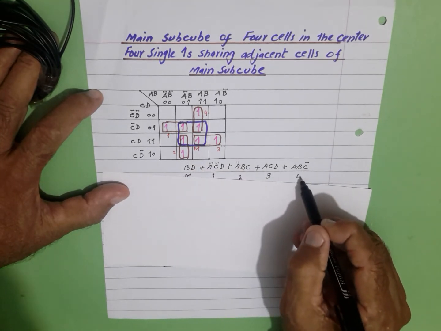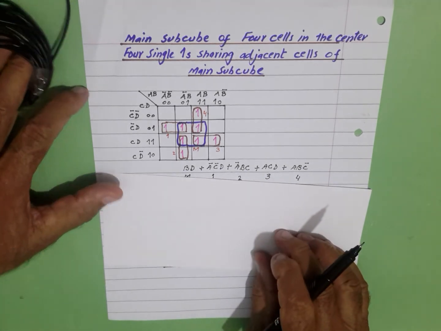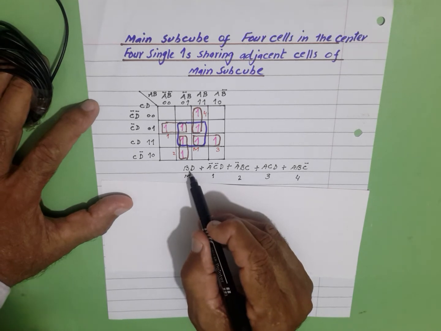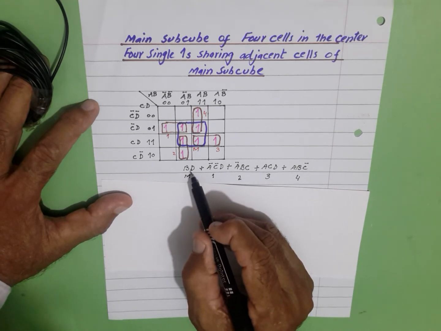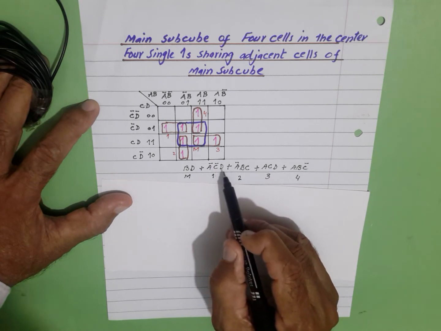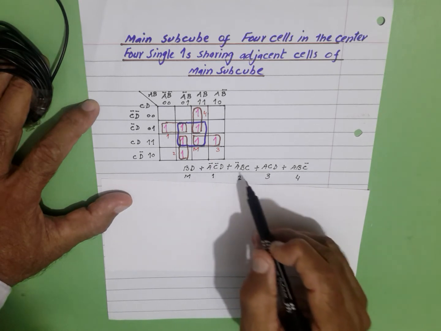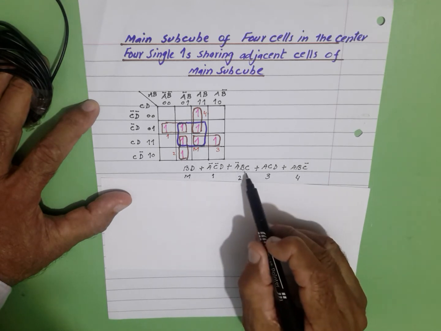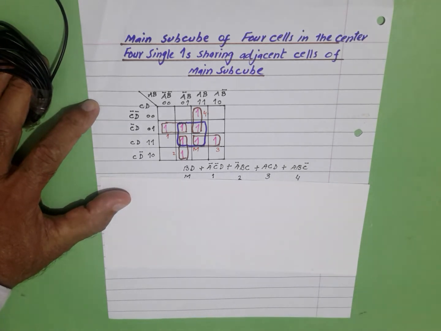This is the fourth loop, and there are 5 equations: main cell, main subcube, BD, first loop A bar C bar D, second loop A bar B C, third and fourth.